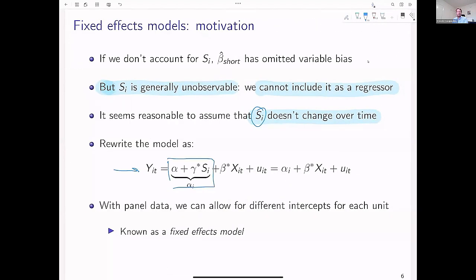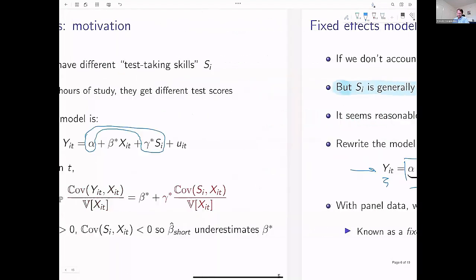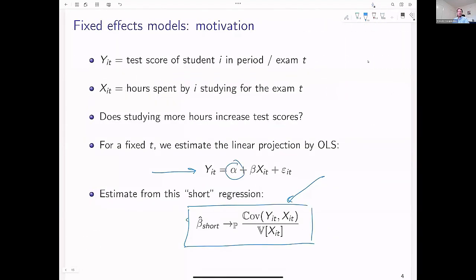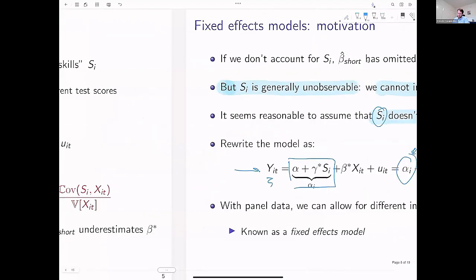This alpha plus gamma times S_i, I'm going to call them just alpha_i. So then now the regression that I have is test scores on hours of study. And now I have this alpha_i, which is very similar to the one that I had here, except that now alpha_i changes for different students. Okay, so it changes over i.